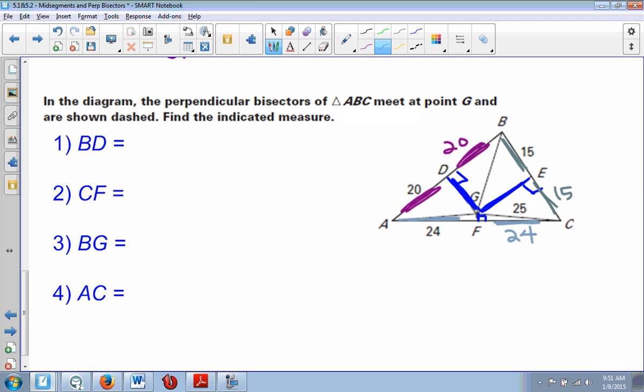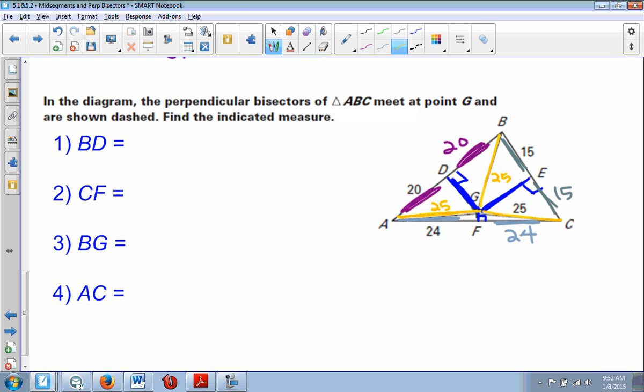Now, the other thing that it means is, since I have a perpendicular bisector, that means that any segments that connect to the perpendicular bisector have to be the same. So all of those yellowish lines I just drew, they all have to be the exact same.